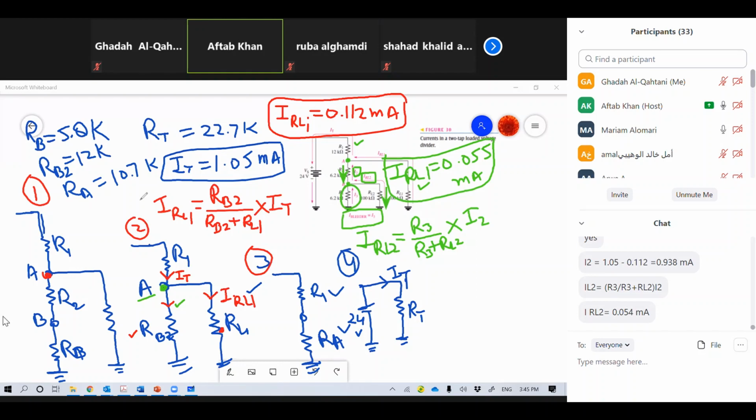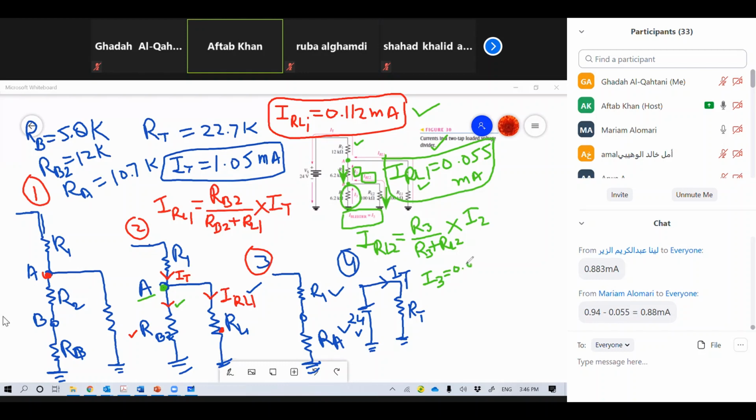Or I total minus IRL1 minus IRL2, you can also get I3 the same way, which is the bleeder current. Check how much it is coming also, I3. Both ways will work. Either you can apply KCL at node B, or you can apply I total minus IRL1 minus IRL2. Try both of them and check.